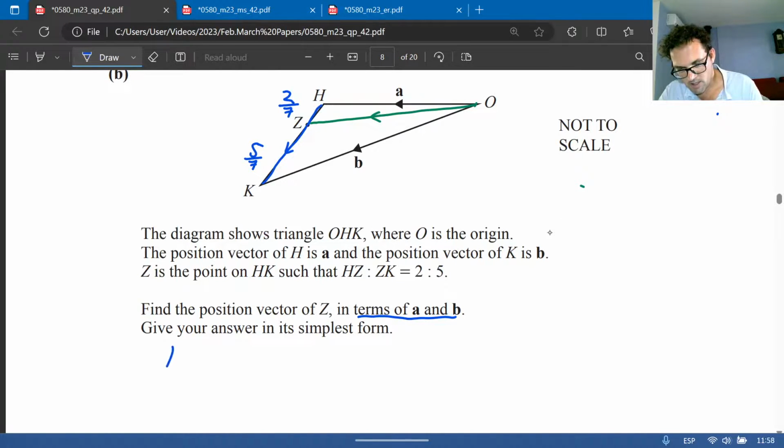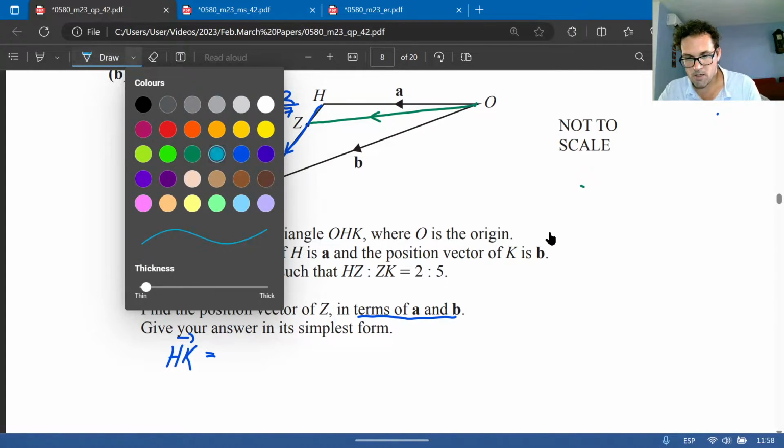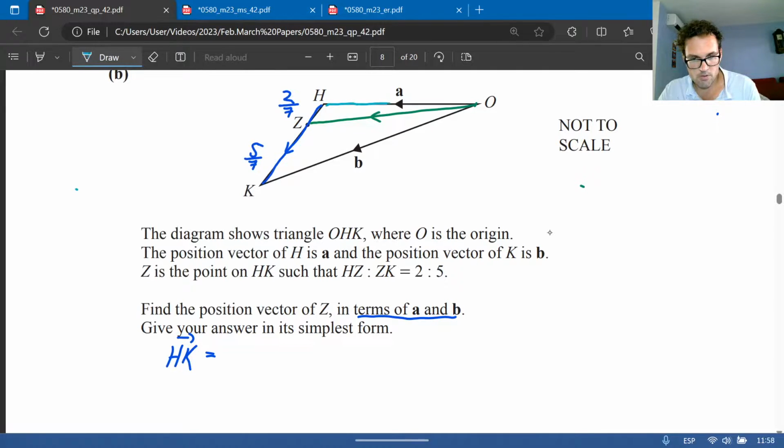So I'm going to write HK is a vector in that direction. I'm going to have to follow this path here. I'm going to have to go the route I know, which is HO in that direction. You've got opposing arrows, which we'll deal with in a moment.